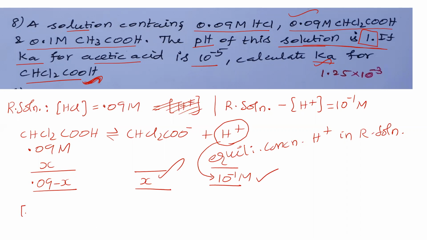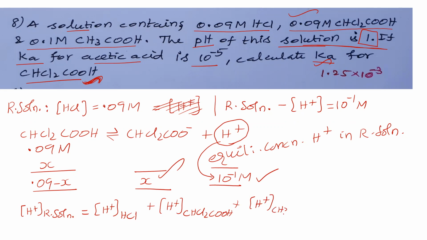Now, the concentration of H plus in the resultant solution is equal to the concentration of H plus provided by HCl, plus the concentration of H plus provided by dichloroacetic acid, plus the concentration of H plus provided by acetic acid, plus the concentration of H plus provided by water. These many things we have to consider, isn't it?